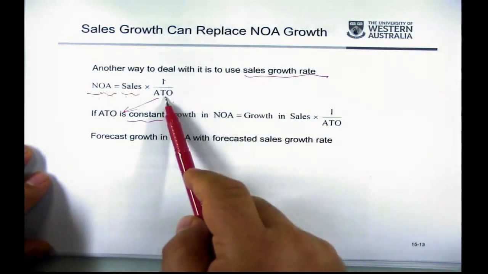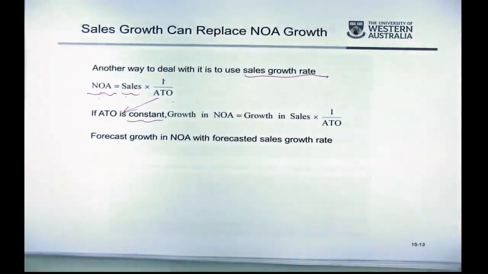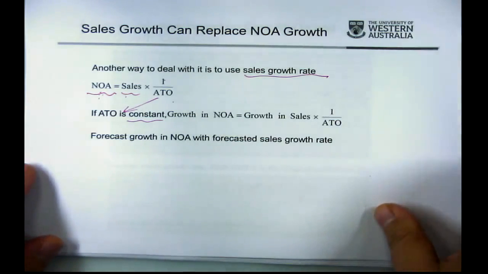So we can use the growth rate of sales to forecast the growth rate in the net operating assets, as well as maybe the growth rate in the residual operating income. Make sense?